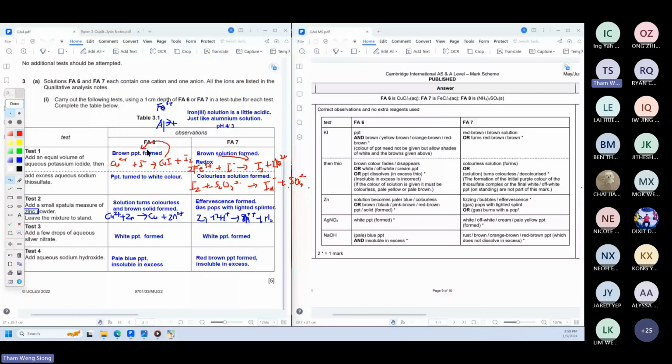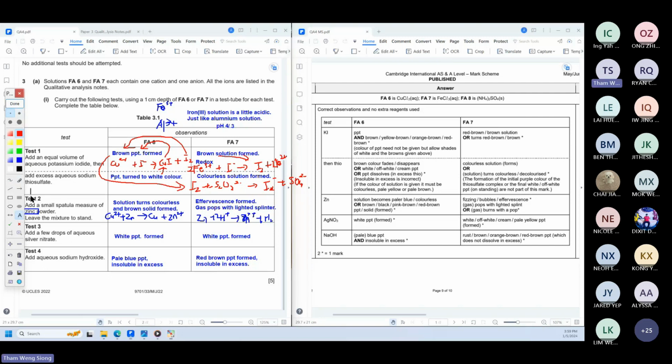Iodine is what forms the brown solution. Copper iodide is actually white already. You cannot see the white color because the iodine in the solution is blocking it, looking as if it's a brown precipitate. So why does the precipitate turn white? Because the brown color has been converted into iodide, leaving copper iodide, a white precipitate, once you add the sodium thiosulfate. That's why.